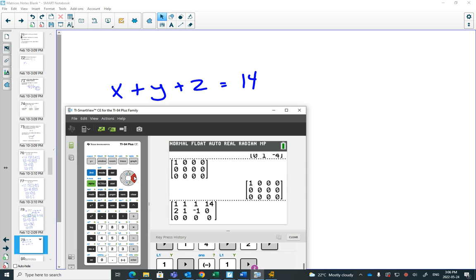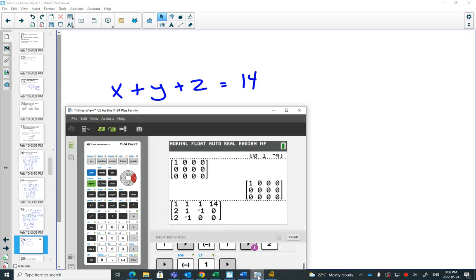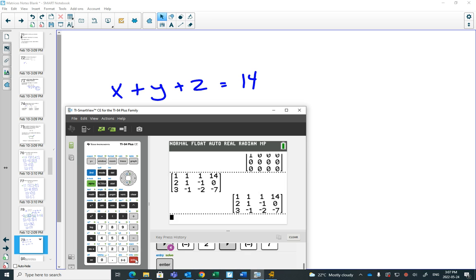That one was 0. And the last one was 3, -1, -2, -7. Enter. Store it as matrix A.